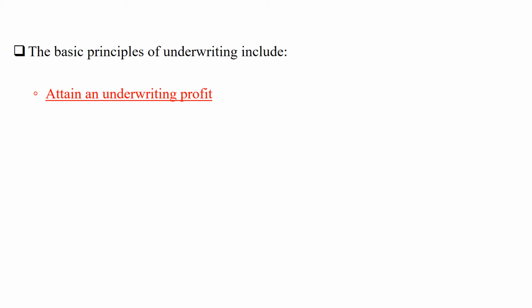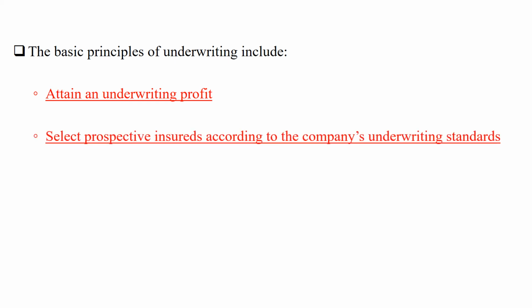Okay, this can help us to increase our earnings, our profit, because we have lower claim payments. Next, select prospective insureds according to the company's underwriting standards. Okay, so the purpose is to select healthy customers. And next, well, we already said it, to reduce adverse selection against the insurance company.